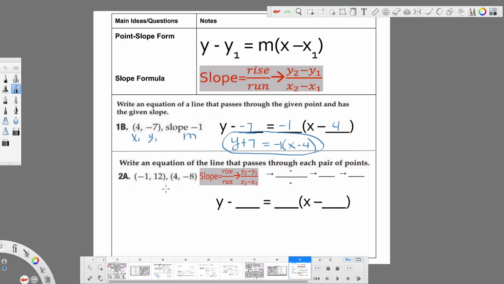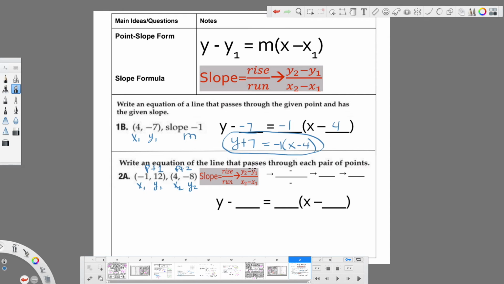So remember, this is x1, y1, and I'm just doing point 1, point 2, like that. So I'm not color coding this one, sorry. That's 2 and 2. So x coordinate from point 1, y coordinate from point 1. Again, that's all the 1's mean, and the 2's, x coordinate from point 2, y coordinate from point 2. It's not anything we're multiplying, it's not an exponent, it's part of the name. It's an indicator.